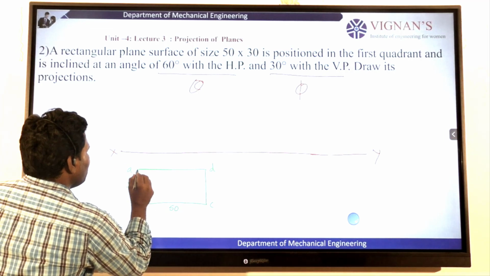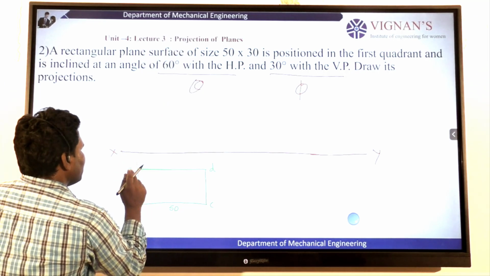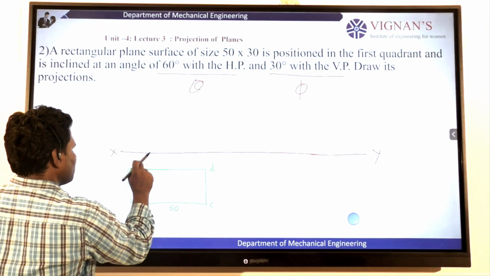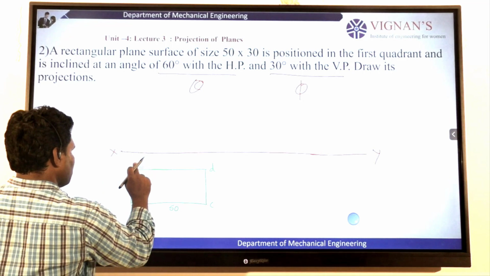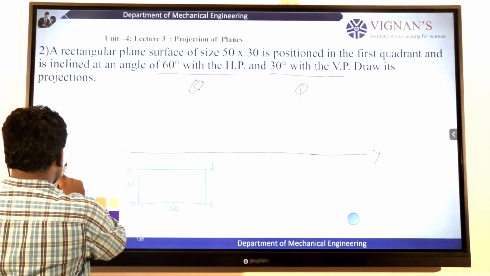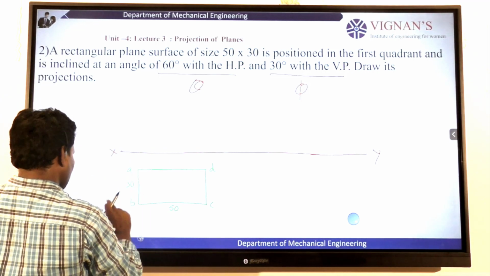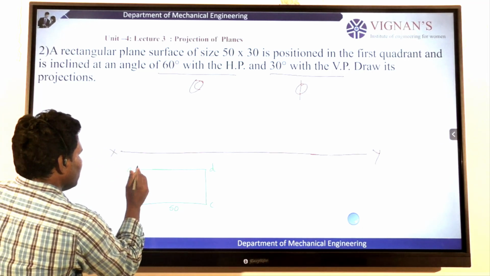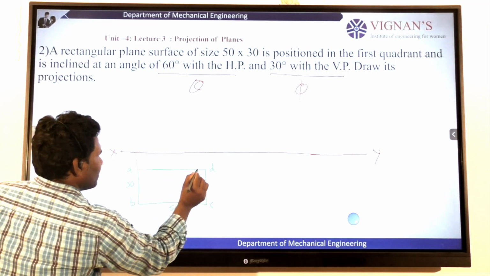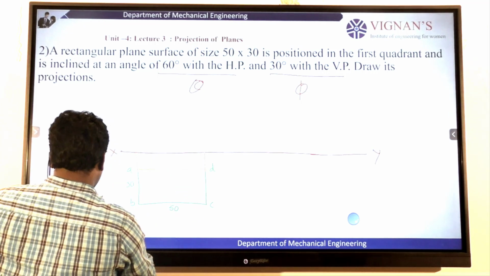Now, what about the front view? The front view should be represented on XY.